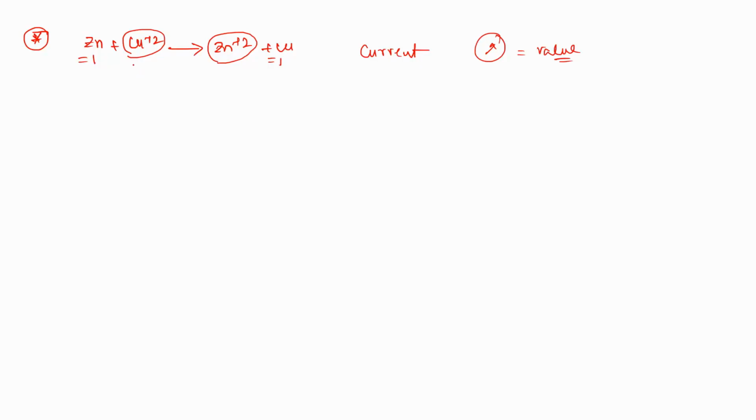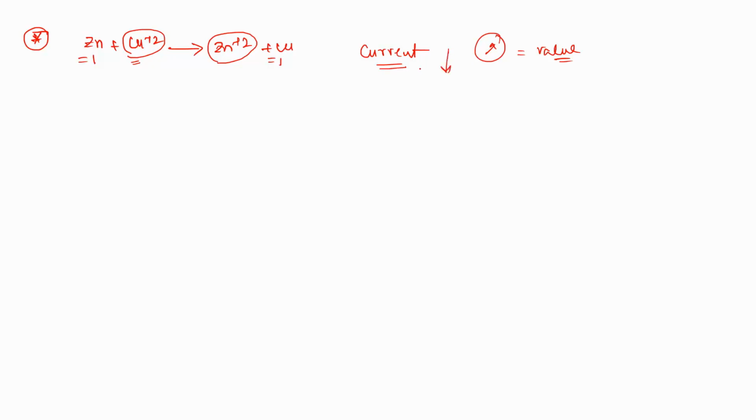During the reaction, the concentration of copper plus 2 is decreasing, and the concentration of zinc plus 2 is increasing. When this reaction is happening, we are getting the current. But after some time, the copper plus 2 concentration will decrease, so the current will also decrease.